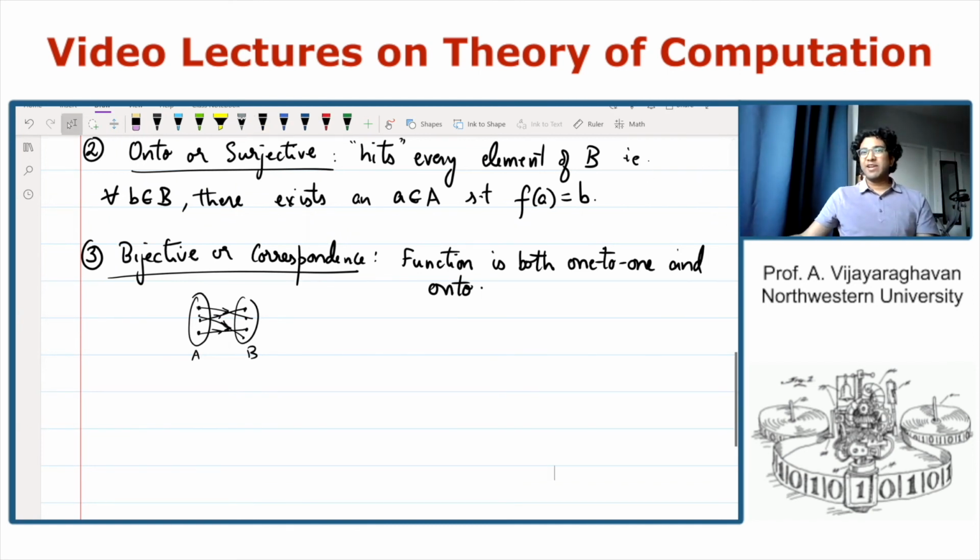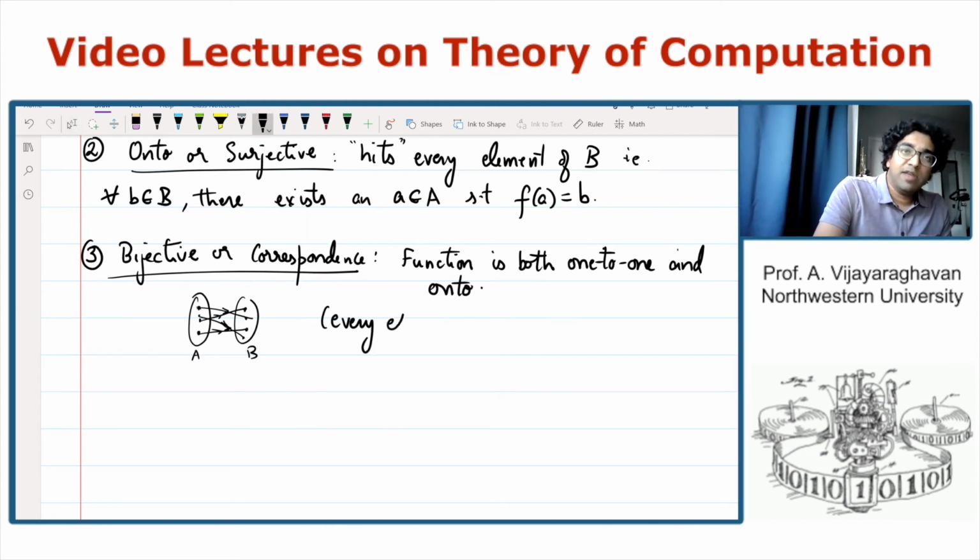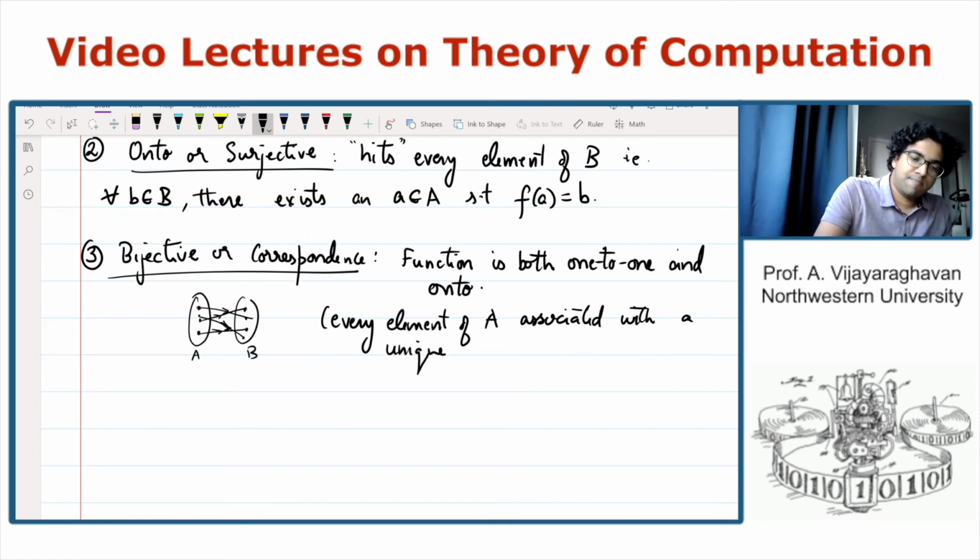A bijective map gives you a way of associating every element of A with a unique element of B, and vice versa.